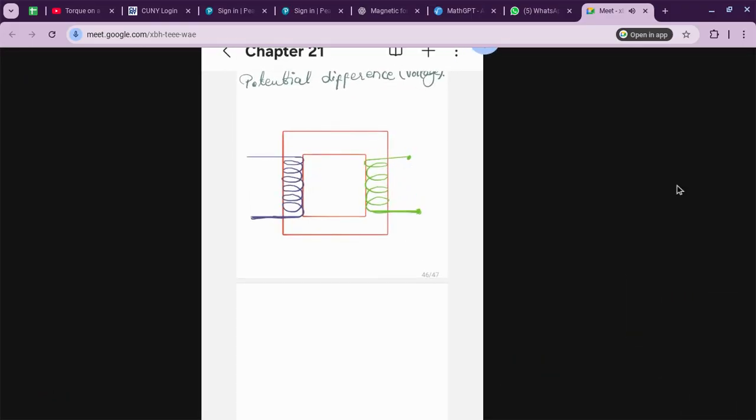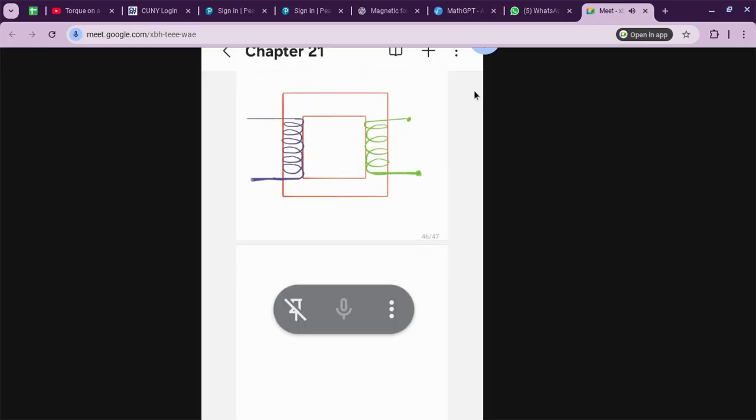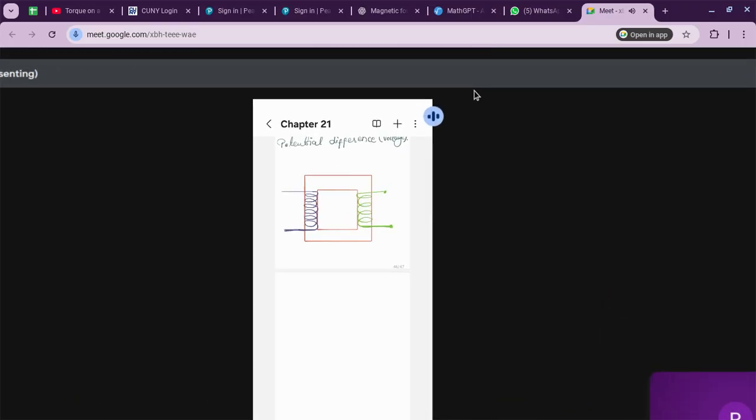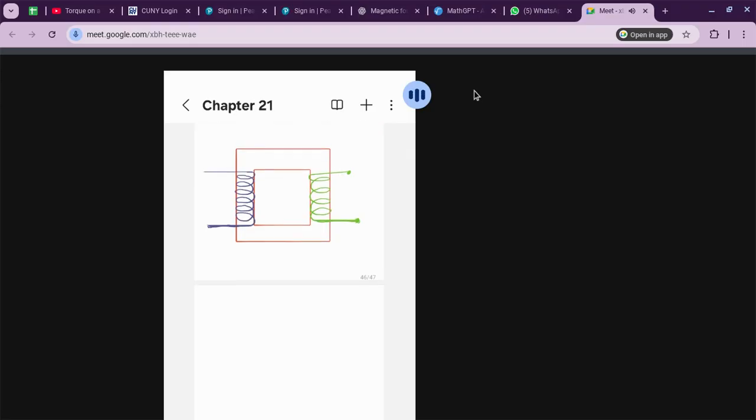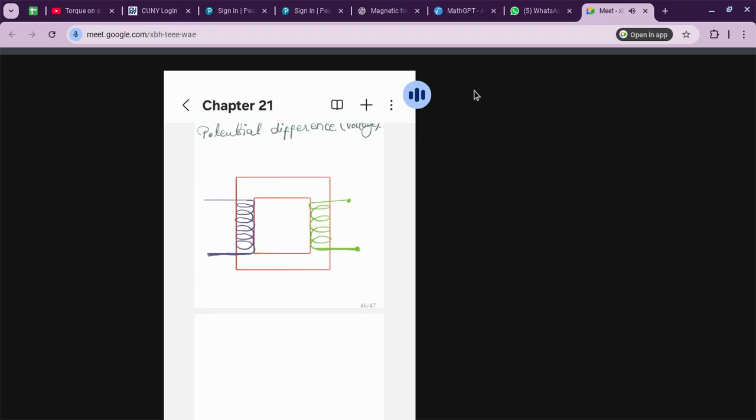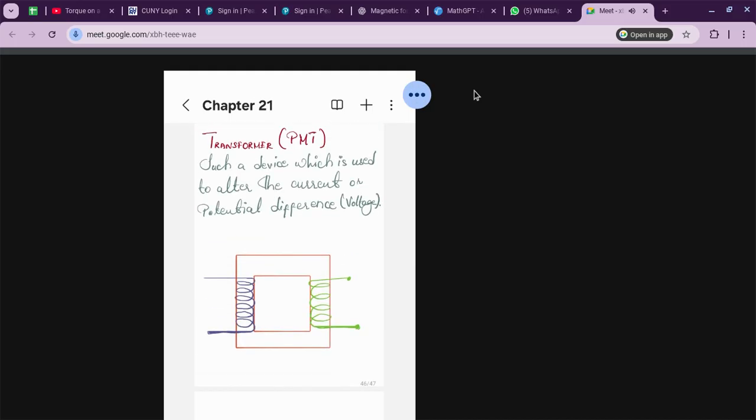In our houses in Pakistan we need 220 volts in every socket and switch, and in America you need 110 volts. But the voltage from the grid station to the PMT, or transformer, is usually 900 volts or 11,000 volts.